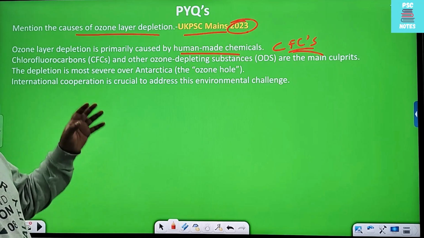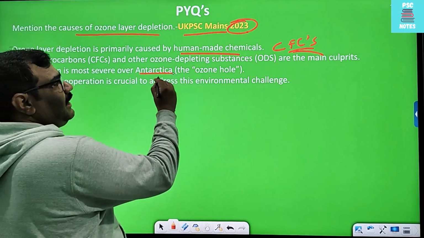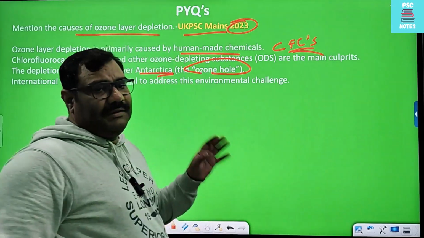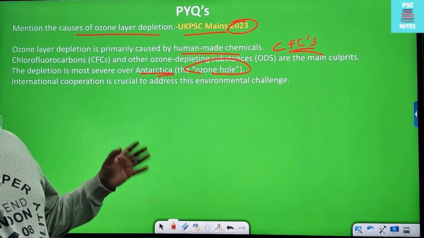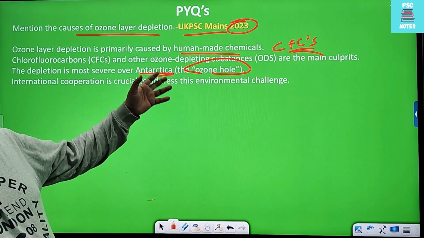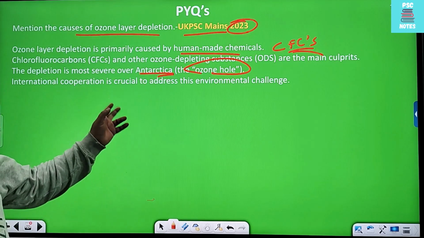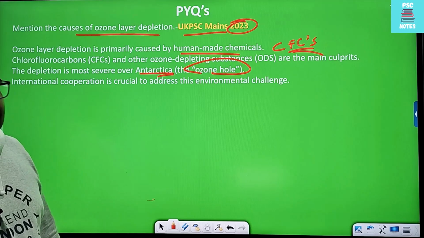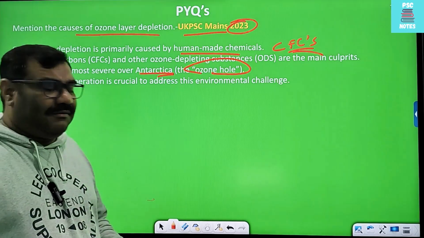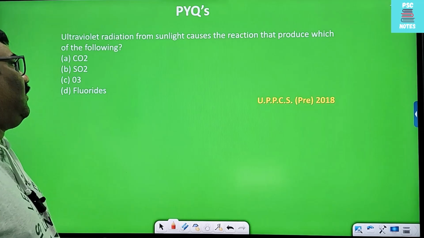Depletion is most severe over the Antarctica ozone hole. We can give a diagram, international cooperation, and further we can also mention the Montreal Protocol and other international cooperation and futuristic vision. Okay, now we will be covering the prelims questions on ozone.